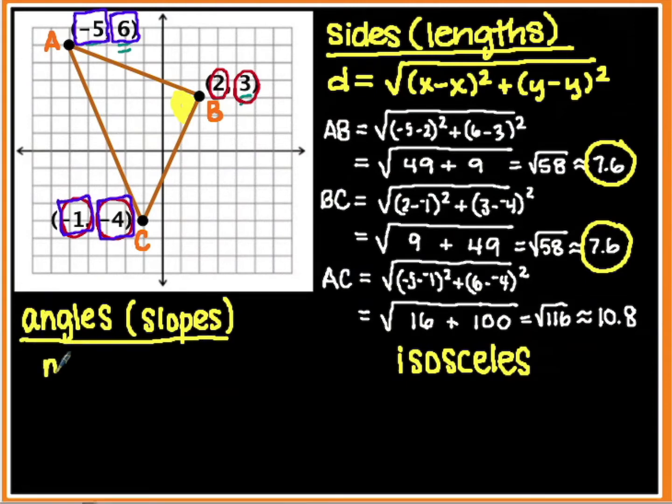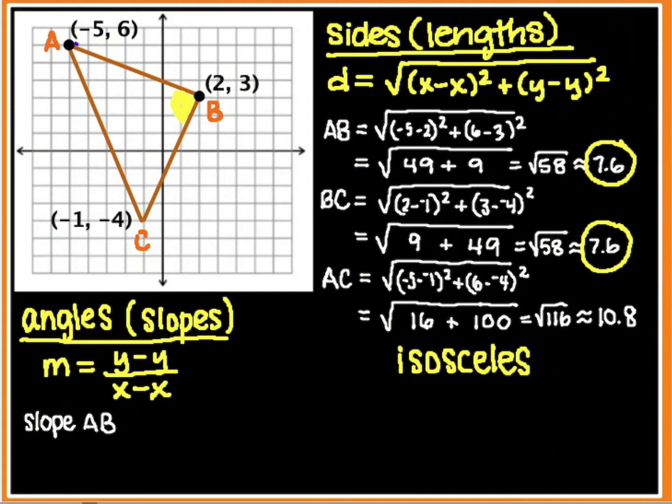So I'm going to use the slope formula and let's find the slopes of those two lines that look like they could be perpendicular. To find the slope of AB, I could either do my y minus y over x minus x, or since it's already graphed on here, I could count my rise over run.